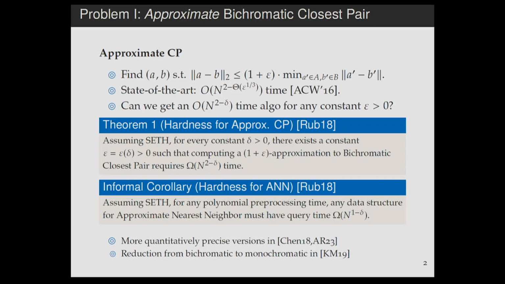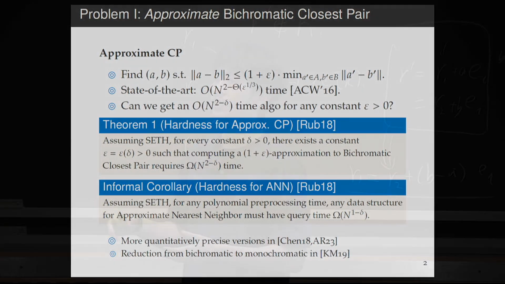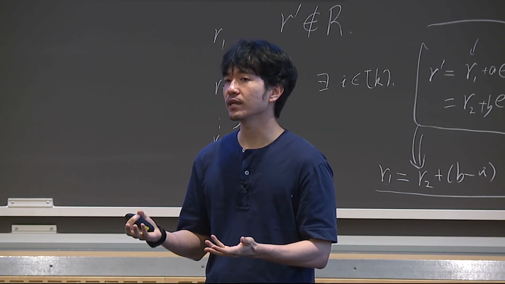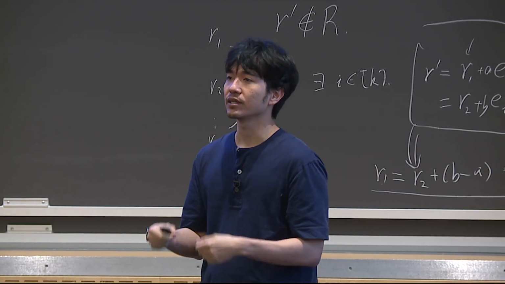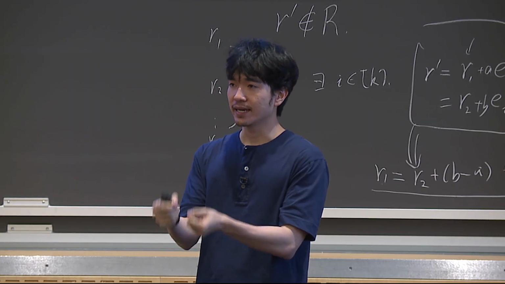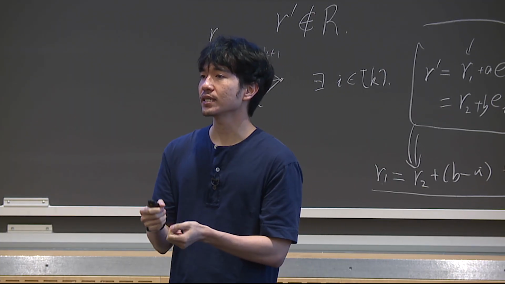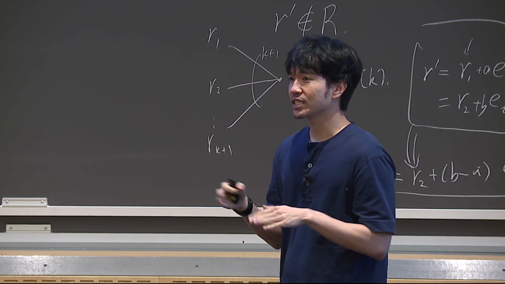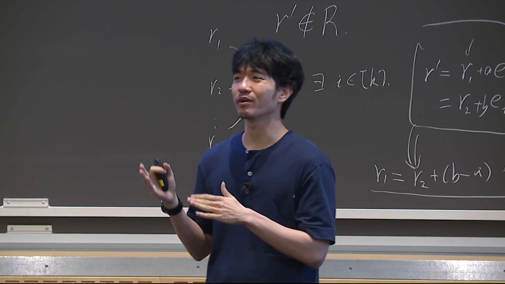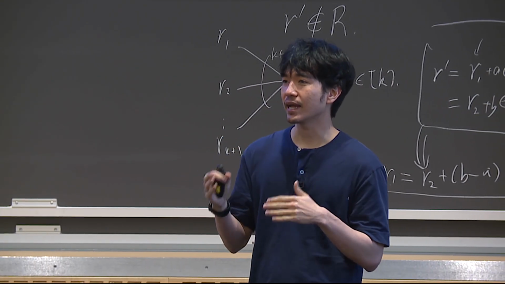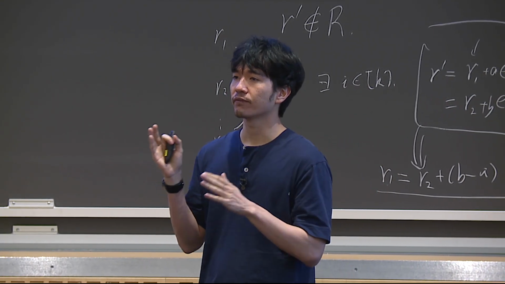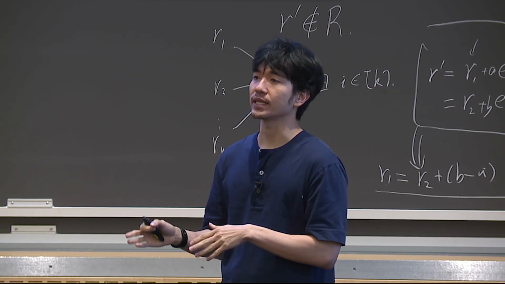Another interesting thing is that the problems I will be talking about today will be the bichromatic version. You might be wondering what happened to the monochromatic version, where you have just one set and you want 2 points in that same set that are the closest. That's a challenge that is orthogonal to what we are talking about today, but there are some reductions known from bichromatic to monochromatic version.